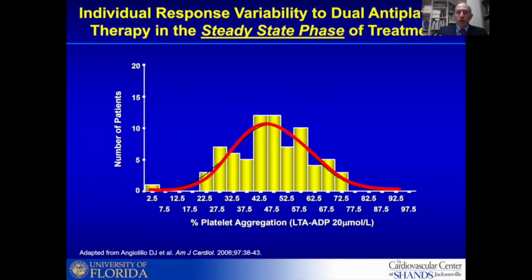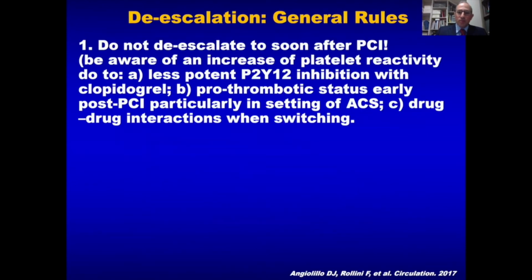And the reason why we are concerned is very simple. We know that if you de-escalate, you're going to a drug which is clopidogrel, characterized by a broad degree of inter-individual variability. And therefore, you have a significant number of individuals who remain at risk for thrombotic complications. So the general rule is do not de-escalate soon after PCI, and beware of the fact that you have an increase of platelet reactivity due to a number of reasons.